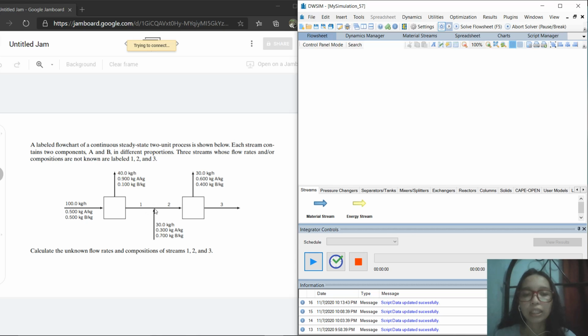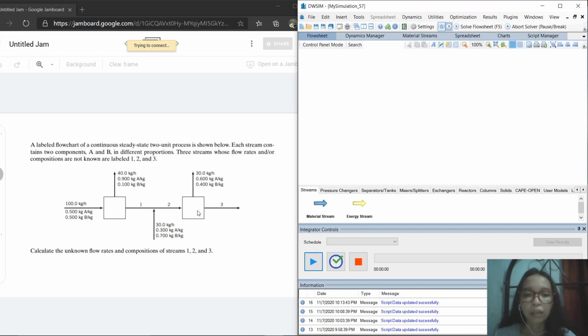Next, stream 1 is mixed with another feed. We're going to input the given here and mix it with the first outlet of the separator. And by that, we have stream 2 and its composition.